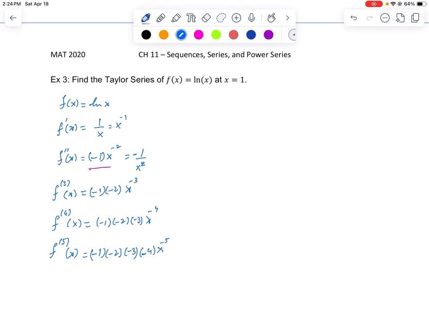Okay, I think these are enough. And now we evaluate ln of 1, which is 0. Then f prime of 1 will be just 1.